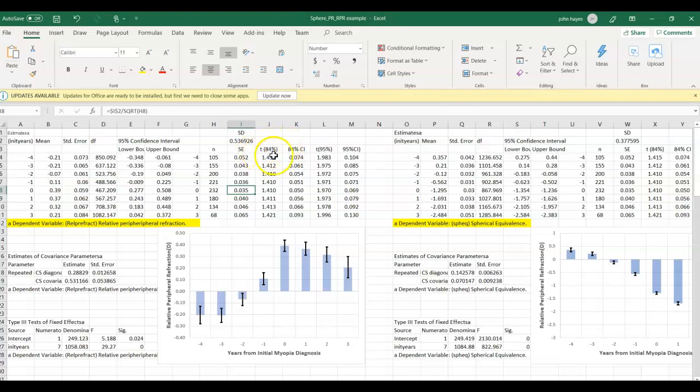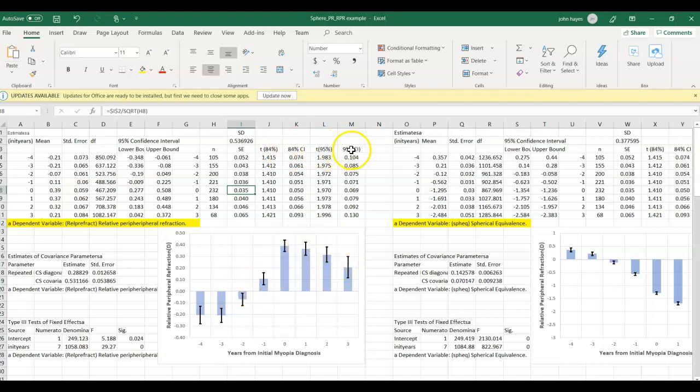Now, we're going to compute two confidence intervals, 84% and 95%. In papers, you see 95% confidence intervals. But I like 84% intervals because, number one, they give some sense of precision of the mean, and two, if they don't overlap, the means are significantly different. If they do overlap, they're not.